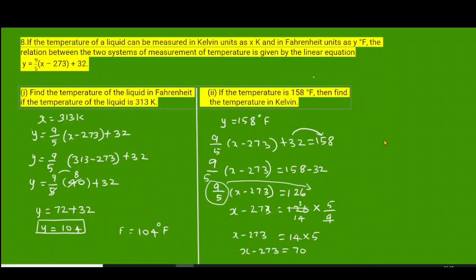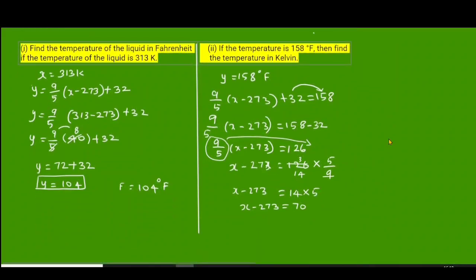Now transpose the number to the other side to get the x value. x = 70 + 273.